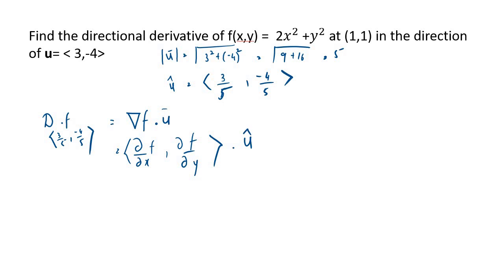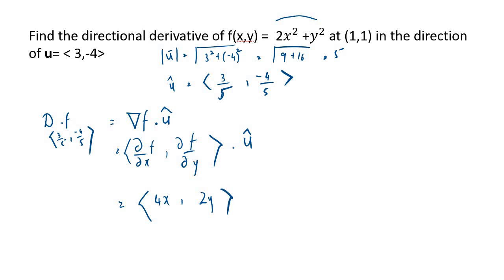So let's look at the partial derivatives. The partial derivative of f with respect to x gives you 4x. The partial derivative of f with respect to y gives you 2y.